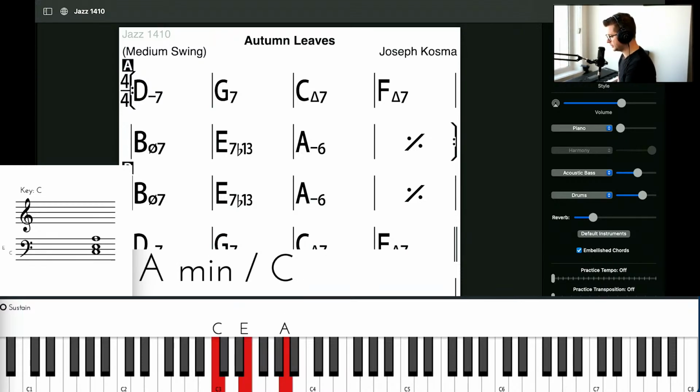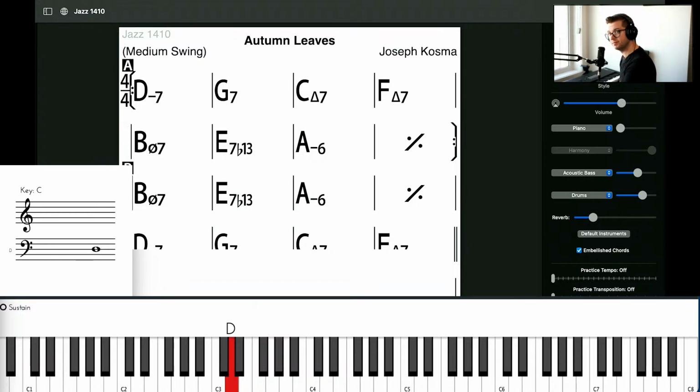So what did I do there? I just played the inversion. So instead of this, I'm playing this. Because now I'm only a step away from the next chord. So what am I doing after that? So chromatic movement in bass lines is awesome.